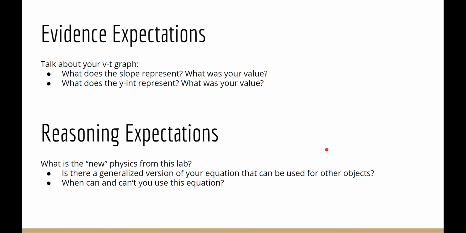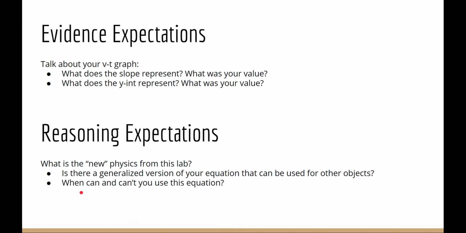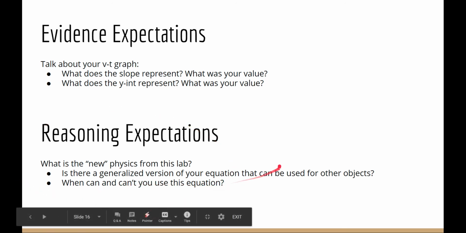Because as fun as it was to look at the video of the car as it's changing speeds, we want to know, can we use this on other objects that aren't just a car going down a ramp on our video? So is there a generalized equation that you can use? And if so, when can and can't you use this equation? What are its limitations? So you can go back, watch parts of this video. This video is basically what you're using for the reasoning.